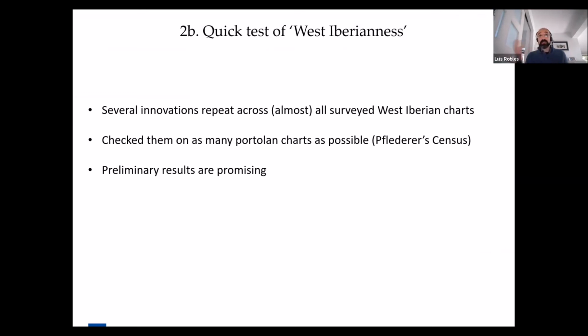For a chart of which we don't really know anything about its author, can we check quickly to see if it's West Iberian or not, without going through the entire transcription of 1,000 toponyms, which can be quite time consuming? I will not go into this in detail now in the interest of time, but we can talk about it later in the questions and answers if you want.